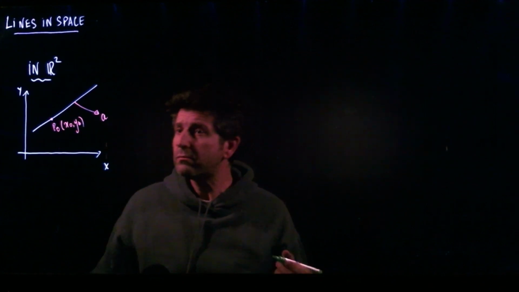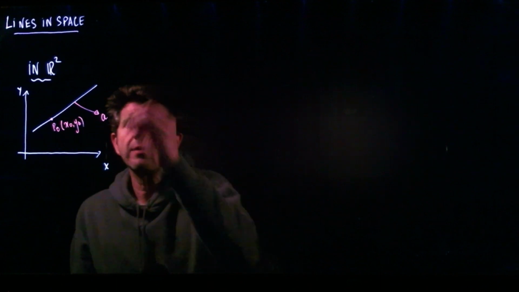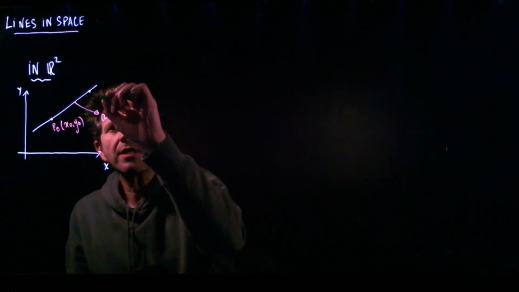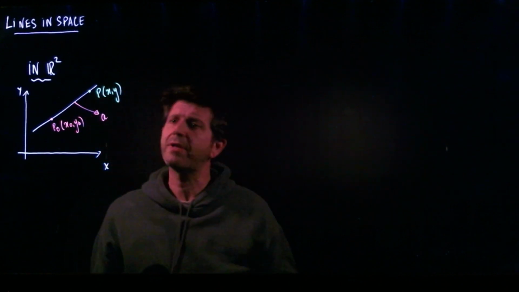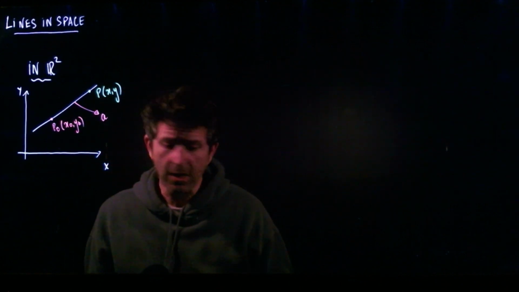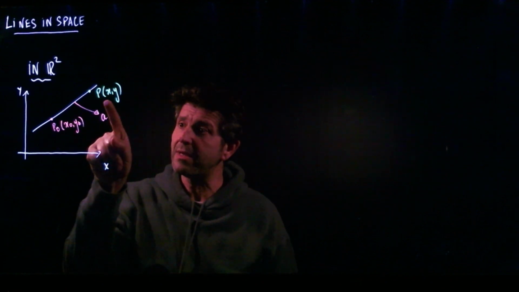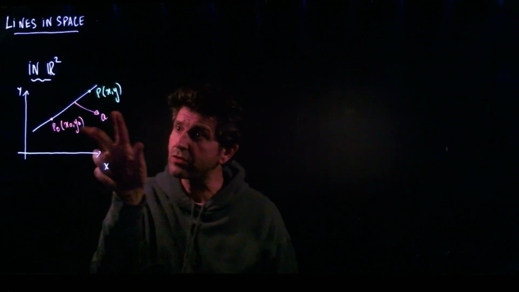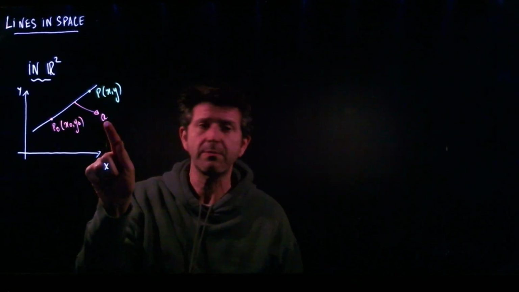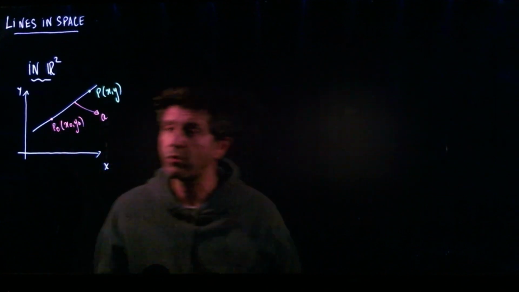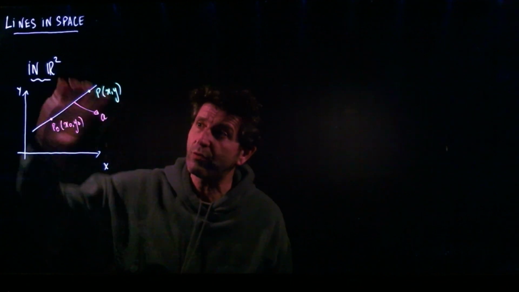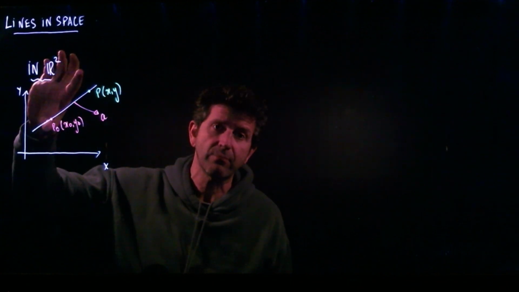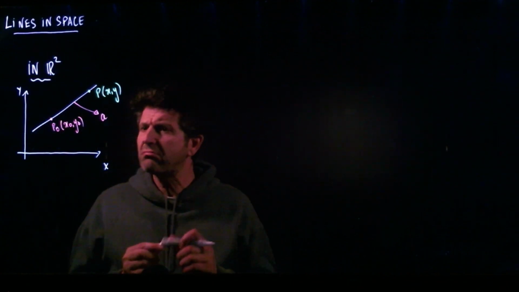So what do I do? Well, there are a few methods, but the one that I'm interested in today is, let's say I'm taking a random point (x, y) on that line. Since the point P is on the line, then the slope between P0 and P has to be A. No choice. Because if the slope between P0 and P was not A, that would mean that point P is not on the line.